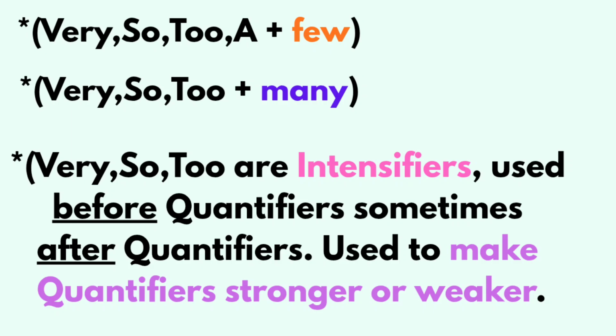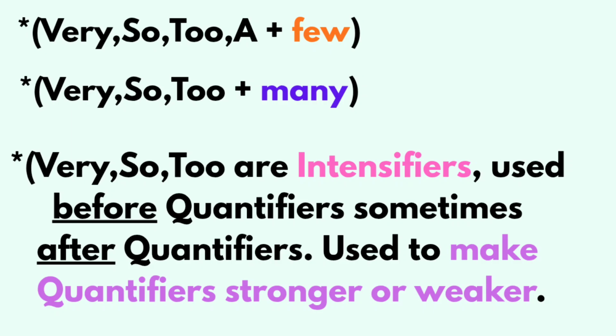We use these degree adverbs before nouns, before adjectives, before adverbs. I'll make a separate video on that. This video is all about countable nouns. Very, so, too are intensifiers used before quantifiers, sometimes after quantifiers.